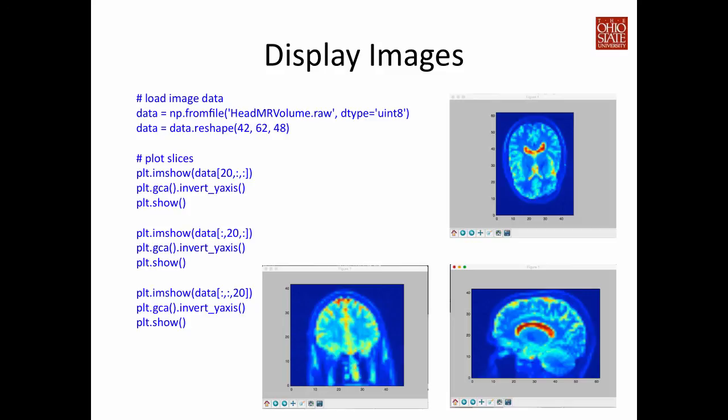This invert y-axis is essential to flip the image. The second plot, I slice the cube at y equal to 20 and show that slice from the 3D volume in the output. And finally, I slice the cube at z equal to 20 and I display it.